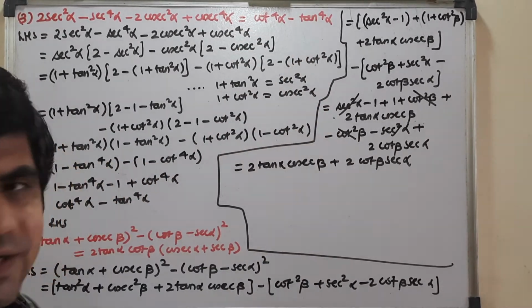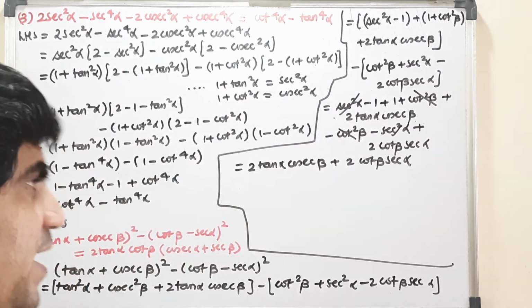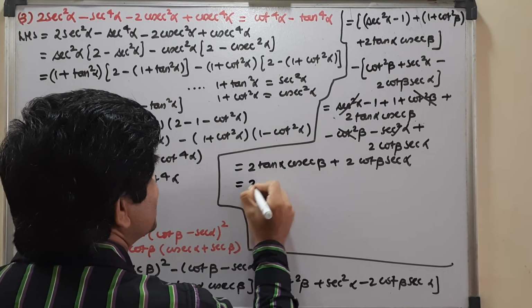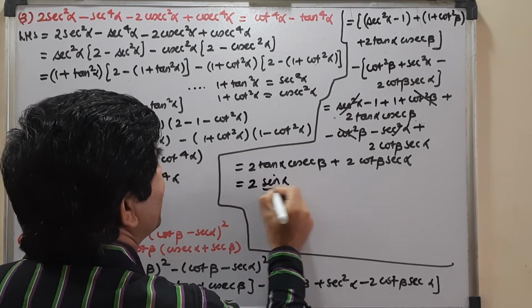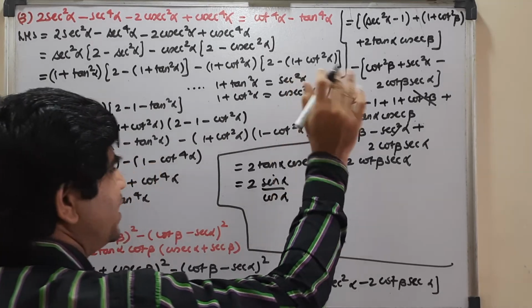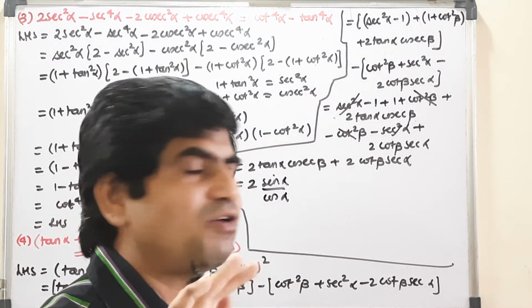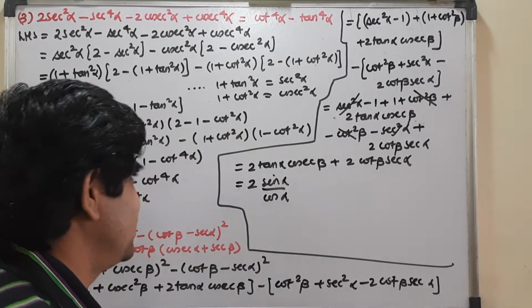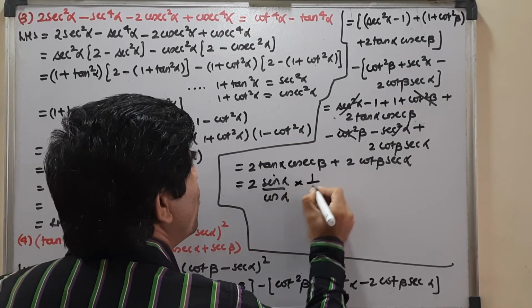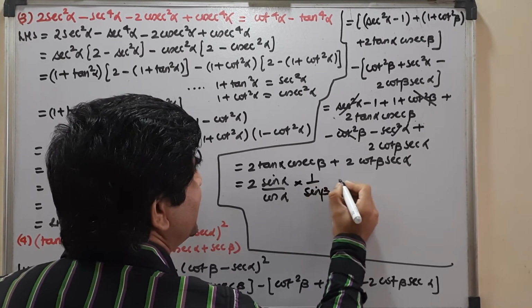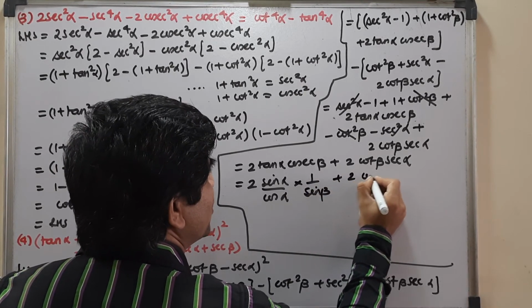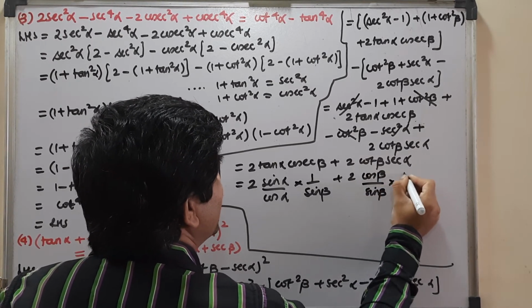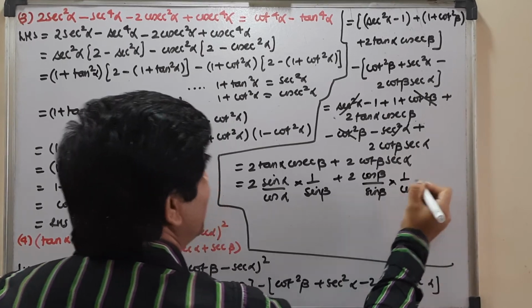So let us do one thing, we will get it converted into sin and cos, that will be an easier way. So you will get this as 2 sin alpha by cos alpha. Mind it, I have not written reasons anywhere because of lack of space, but I have shown you how to write the reason everywhere. So please write the reasons everywhere. And into 1 by sin beta, right, plus 2 cos beta upon sin beta into 1 by cos alpha.